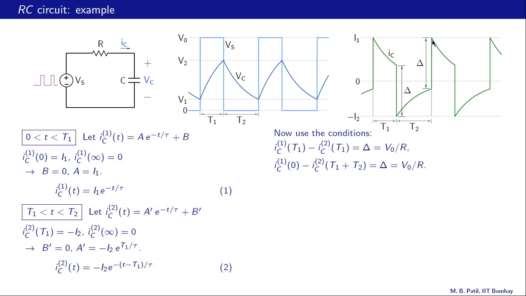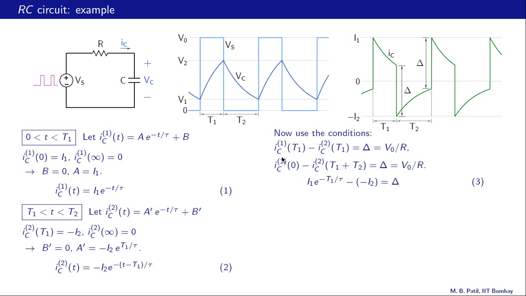This IC value is the same as this IC value, and that is IC in the T1 phase at t equal to 0. What about this value? That is IC in the T2 phase at t equal to T1 plus T2, and the difference between these two values must be equal to V0 by R, and that is what this equation says over here. The rest is straightforward.